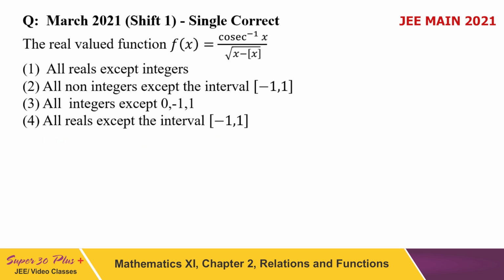Cosec inverse x is defined for x belongs to minus infinity to minus 1 union 1 to infinity. And the fractional part function, which is equal to x minus greatest integer x, is defined for all real numbers, means x belongs to R. But as we are observing here, this fractional part function comes in the denominator, and there is a rule in mathematics: in the denominator the number cannot be 0, and the fractional part function takes the value 0 at the points of all integers.